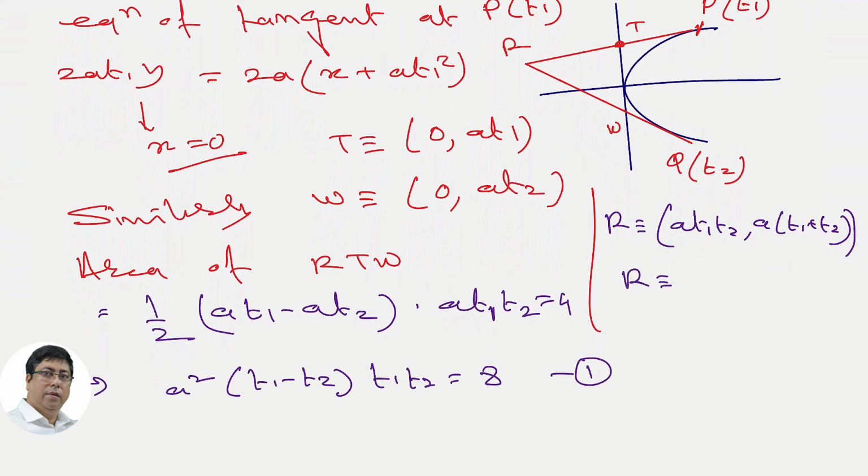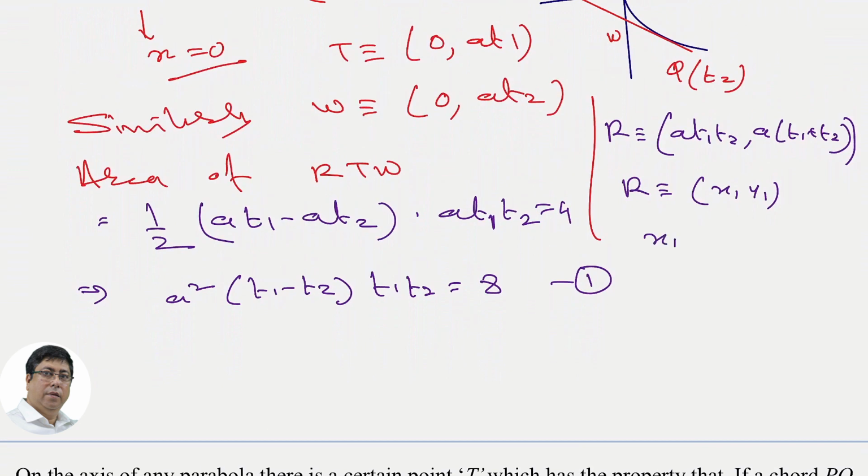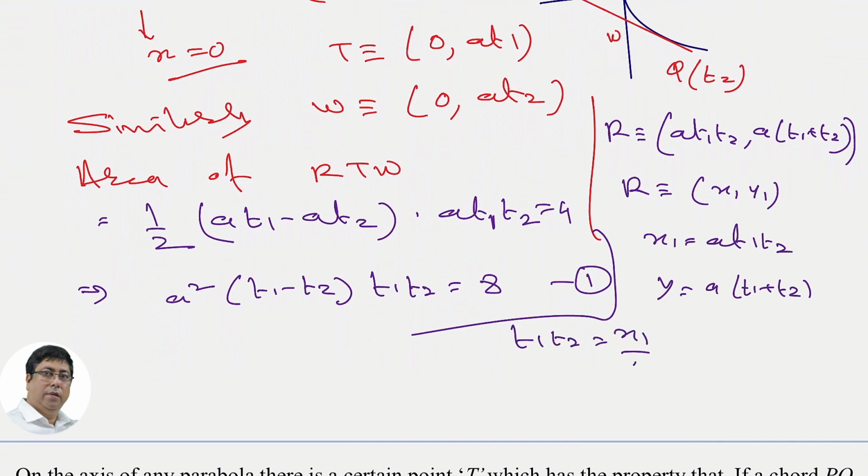So according to the question, x1 equal to AT1T2 and y1 equal to A into (t1 plus t2). Therefore, t1t2 equal to x1 by a, and t1 plus t2 equal to y1 by a. Actually, you have to eliminate t1 and t2.